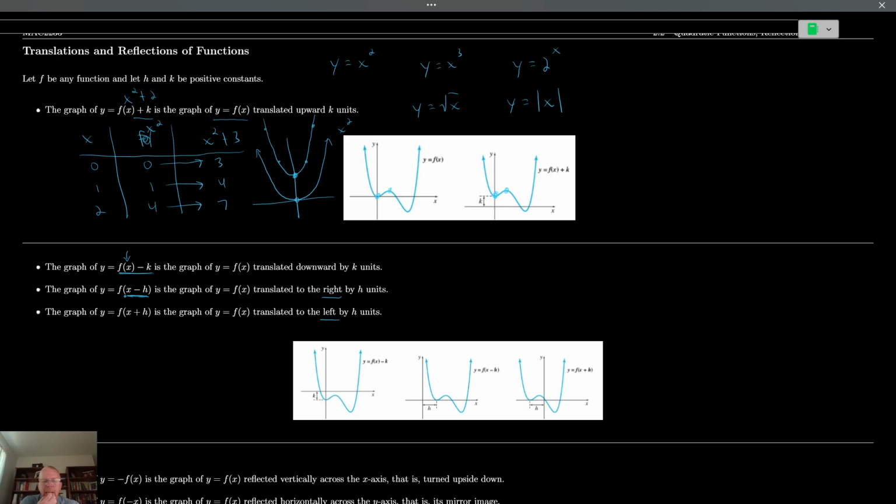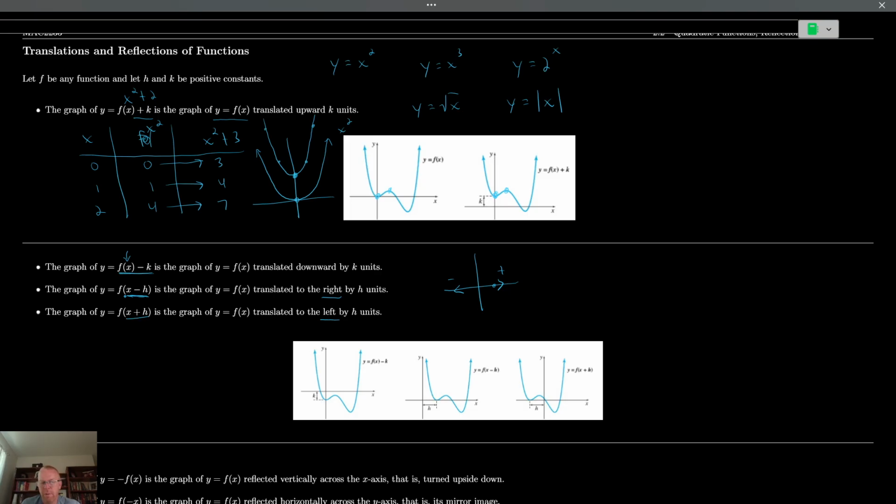You might think because when you have the xy coordinate system, going this way is negative, going this way is positive, right? So you might think the minus h would move it this way, but it's actually the opposite. So now you're going to have the same y value. You have to compensate. And so it moves it right. And then likewise, the x plus h is going to move that left.